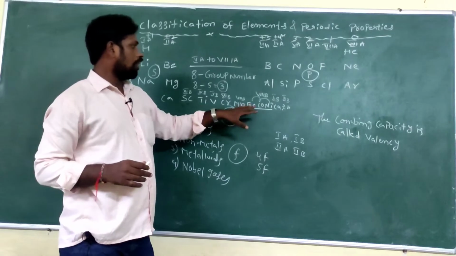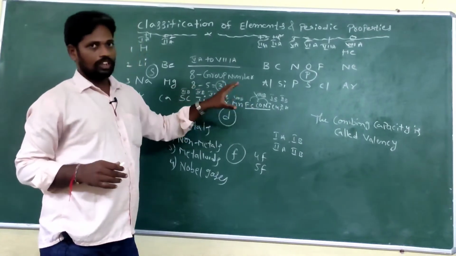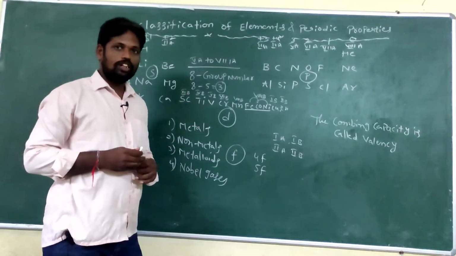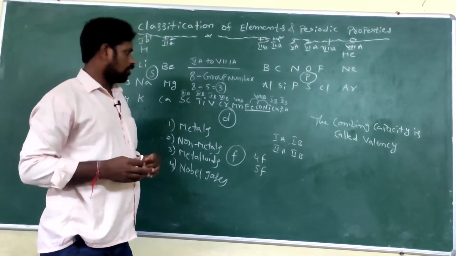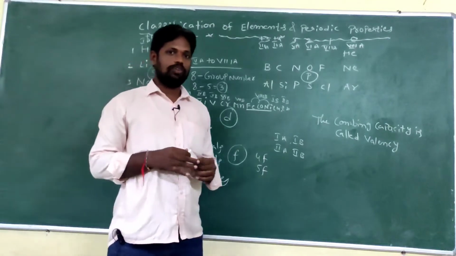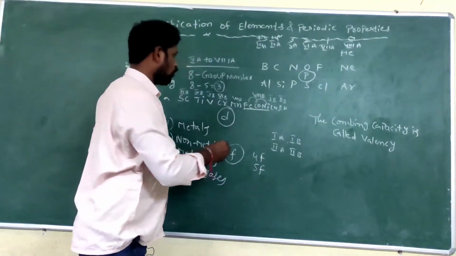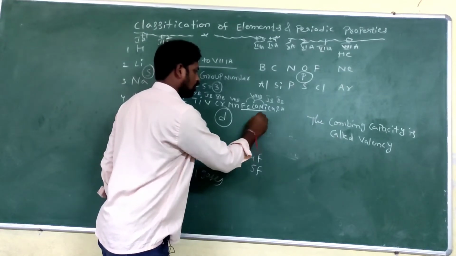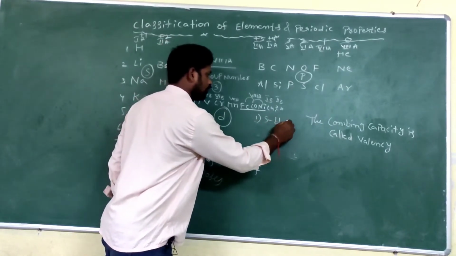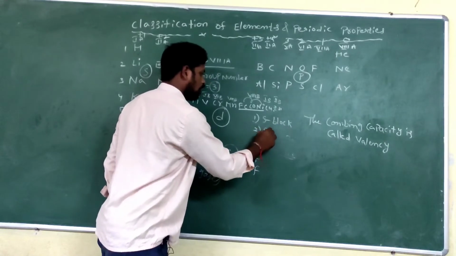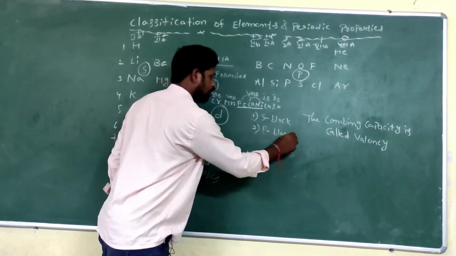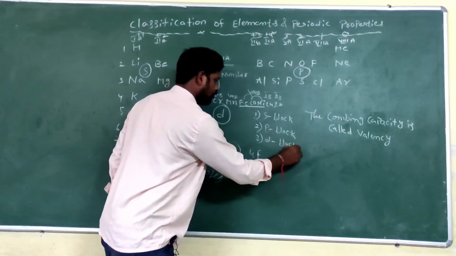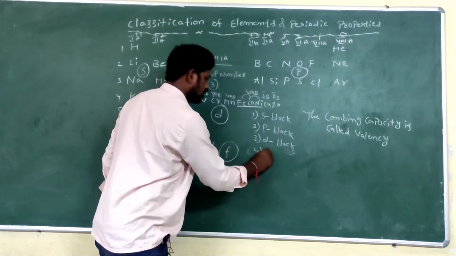In these D block elements also, some are metals, some are non-metals, and some are metalloids. And the main important question in this chapter is the S, P, D, F blocks: first the S block, second the P block, third the D block, fourth the F block.